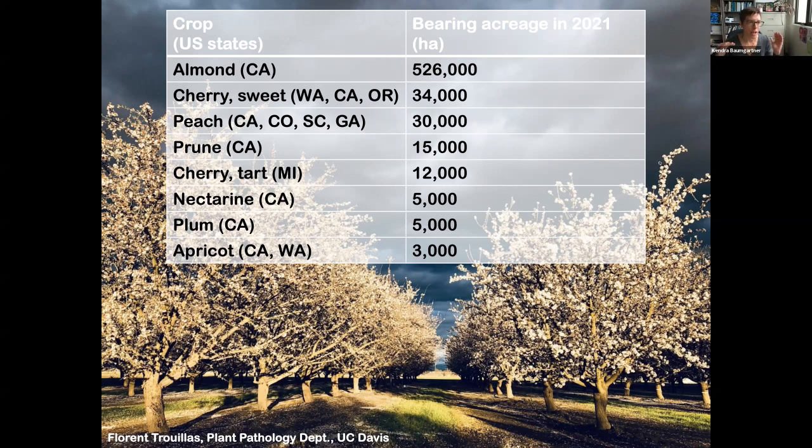That doesn't really jibe with peaches. Well, there's parts of Colorado where they can grow fruit crops, where they have enough chilling hours, but it's warm enough to bring them to ripening. But we also have production of peaches in the southeastern US states of South Carolina and Georgia. And then I want to point out here, tart cherries are grown exclusively in the northern US state of Michigan. And I'll be talking a little bit about those today.